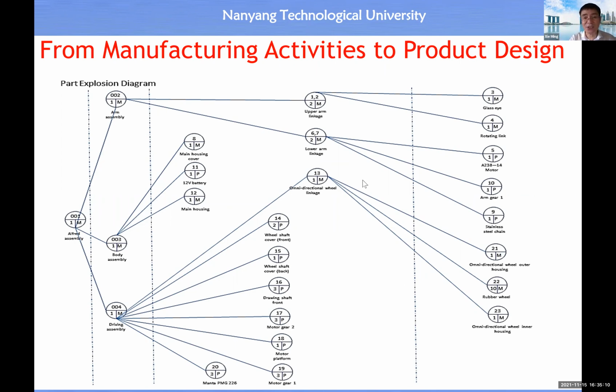And then here I just show you an example of the explosion diagram, which is related to a specific product. Any specific product. Here you just need to pay attention to the letter M. M means in-house manufacture. P means purchase from your supplier. From here you see, as long as you are not going to purchase all the parts from your supplier, then you need to organize a manufacturing process internally.